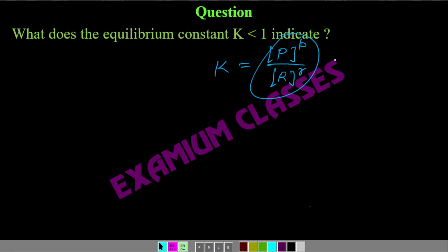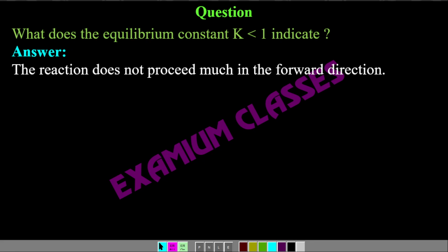If this value is less than 1, it means the reactants' concentration is greater than the products' concentration. So what you will write? You will say the reaction does not proceed much in the forward direction, and the reason is very simple: the reactants' concentration is greater than the products' concentration. It will proceed, but not much.